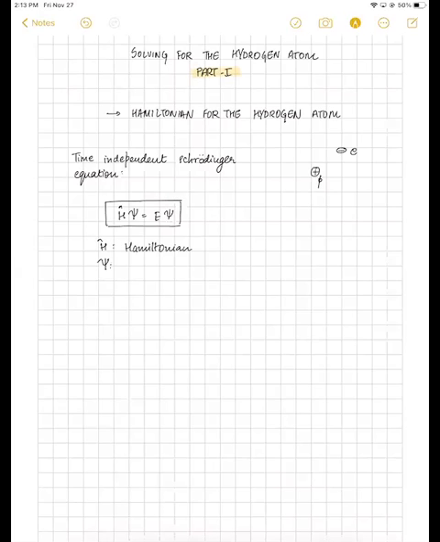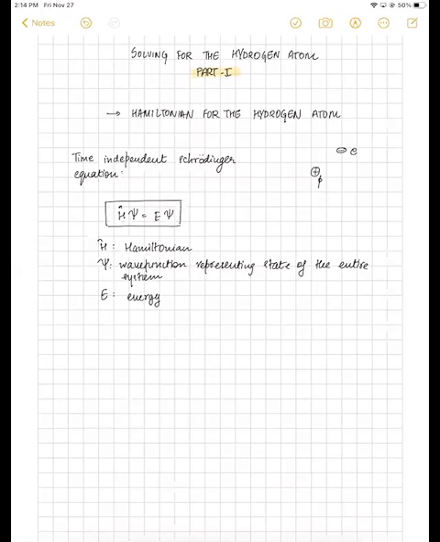The wave function is also for the entire system, representing the state of the entire system. And E is our total energy.